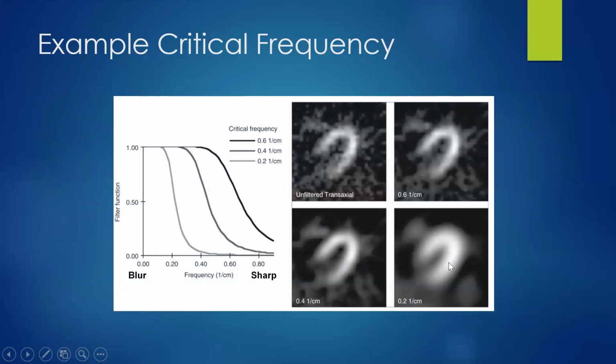And here is some data that I stumbled across on the web that shows you the change of the critical frequency. The most important thing that I want you to grab from this image is that the 0.2, over here, has a very blurry image. As I move further out, that blurry image gets sharper, sharper, and sharper.